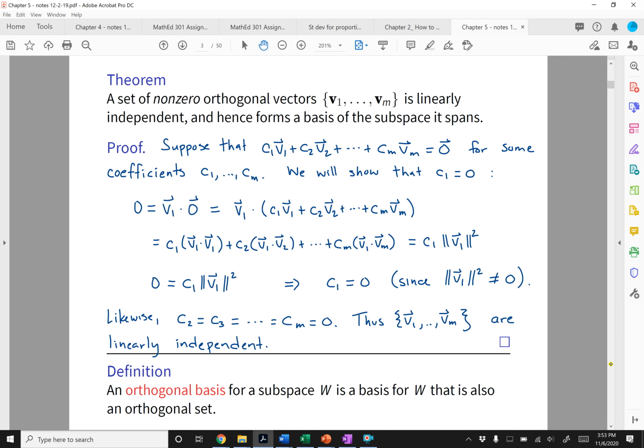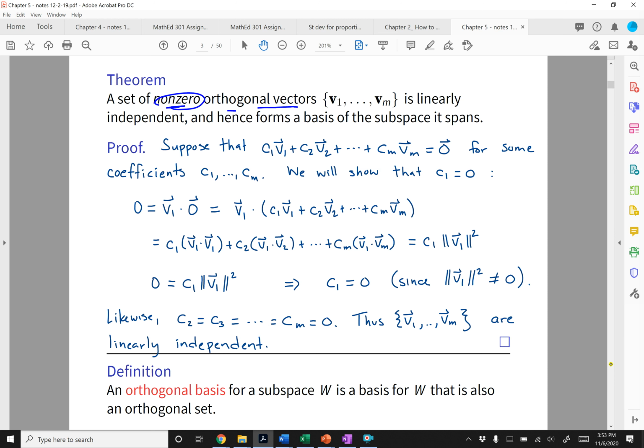If you have an orthogonal set of vectors, as long as none of them is 0, then they are linearly independent. I mean, intuitively, two vectors are dependent if they're in the span of others.